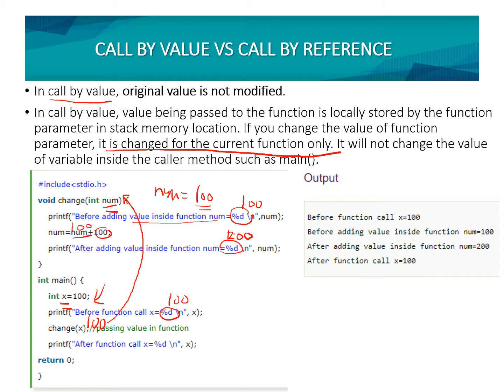Whenever we go to this line, it doesn't have anything, so the program will return to where it was called, meaning it's already done this line. The next line that we need to cover is this one. After the function call, x is still 100. Why? Because the value being passed to the function is locally stored, meaning the variable x is only applicable in this function only.